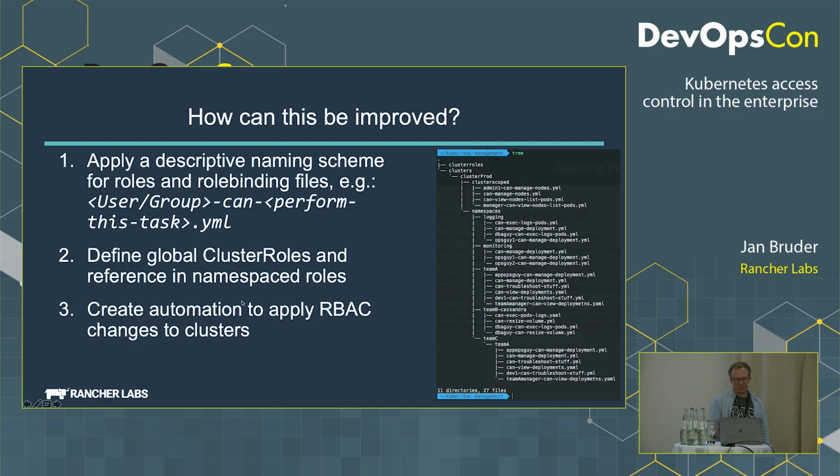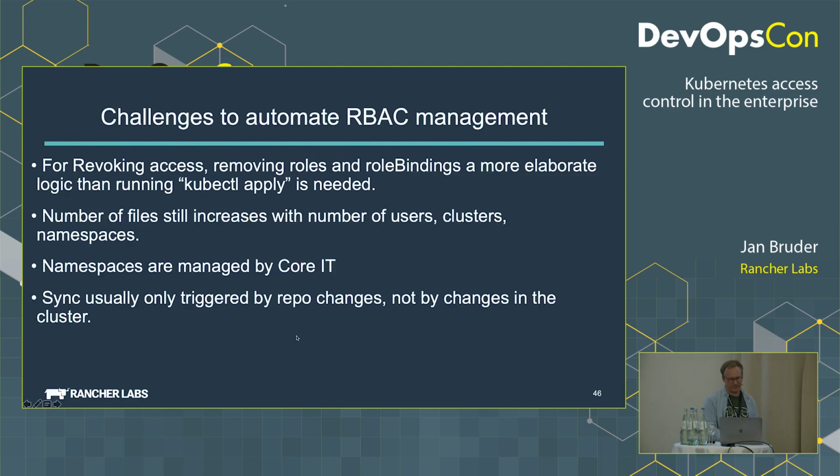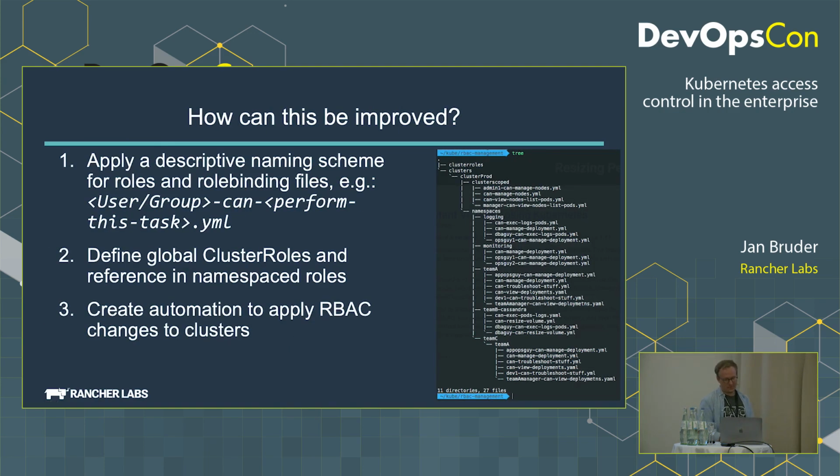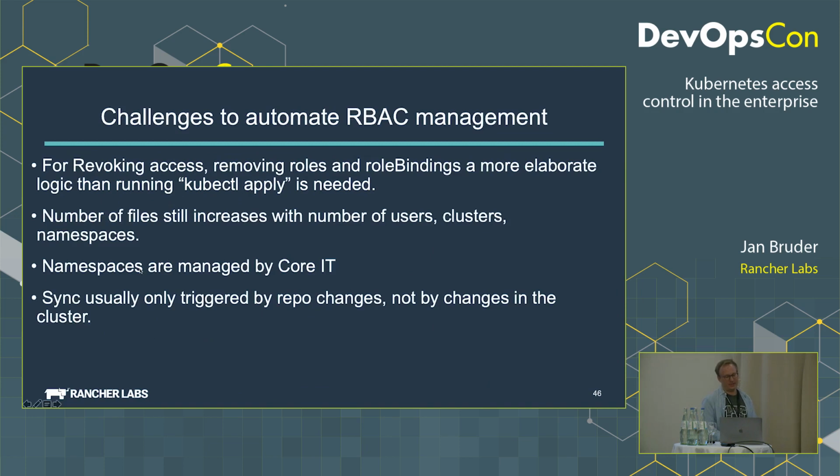And the next step you can do is create some kind of automation to apply RBAC changes. If you already have these RBAC configurations in a Git repository, you could build some automation, some script, maybe with a CI pipeline, that automates the application of the changes in the cluster, which is only easy at first view, but it's actually not that easy.